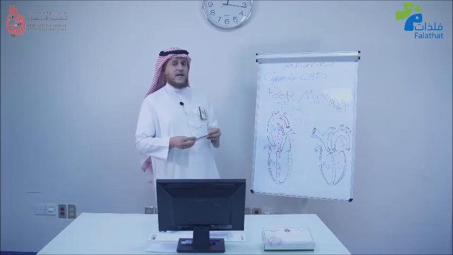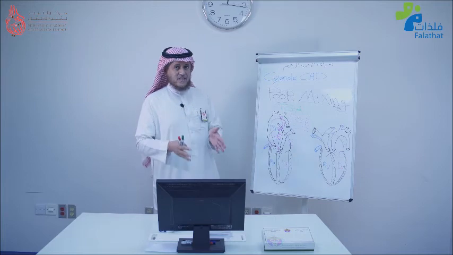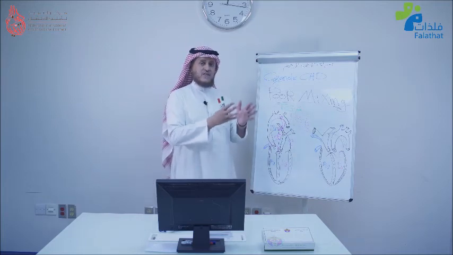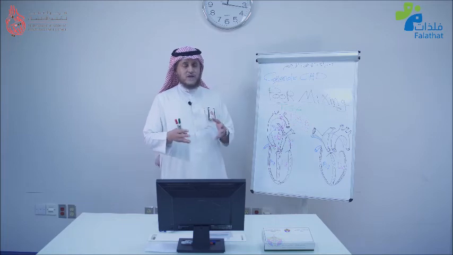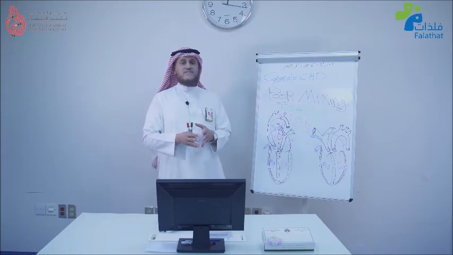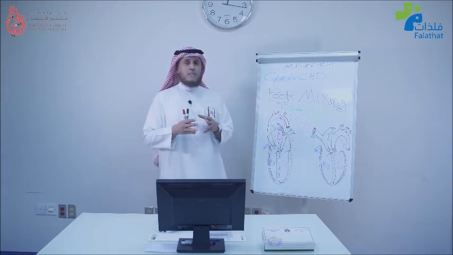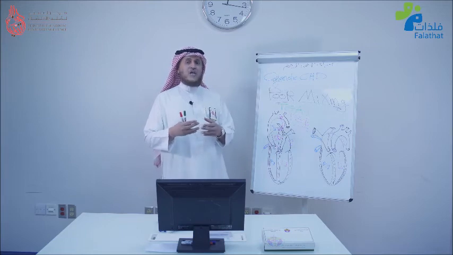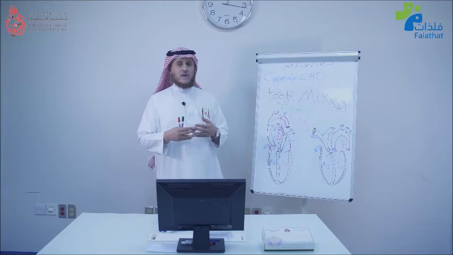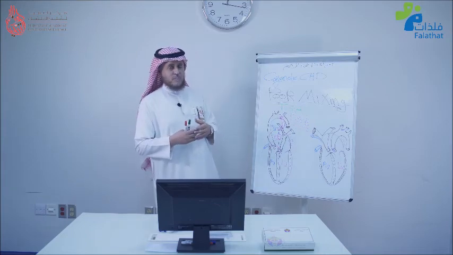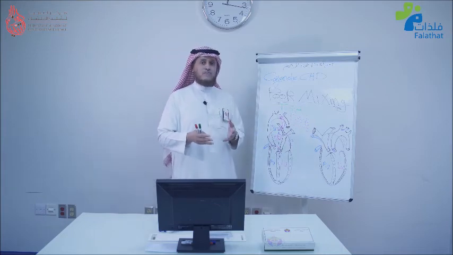The other one is decreased pulmonary blood flow, and we have the example of tetralogy of Fallot, where we have the obligatory right to left shunt across the VSD to the aorta from the right ventricle, and that's totally deoxygenated blood going to the aorta, causing significant cyanosis. That cyanosis may be increased or decreased depending on the other anatomical factor, which is the presence of subpulmonary stenosis and pulmonary stenosis.